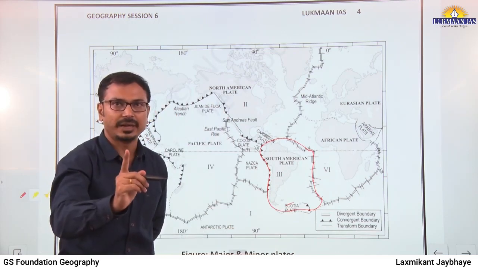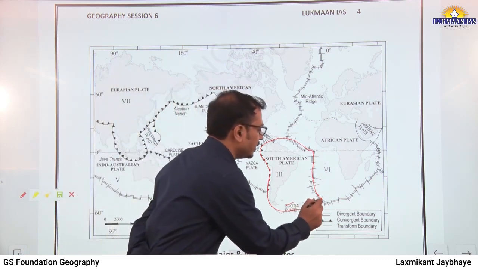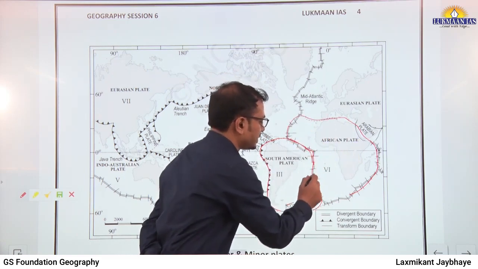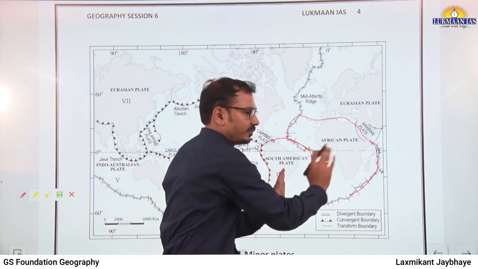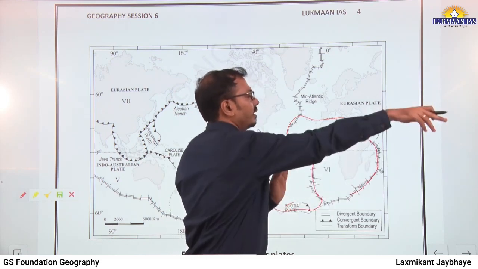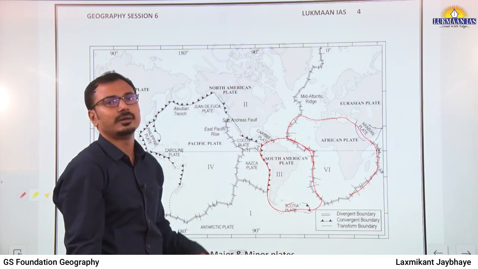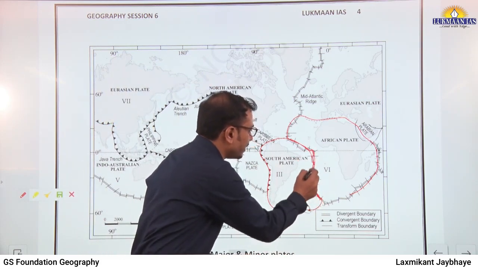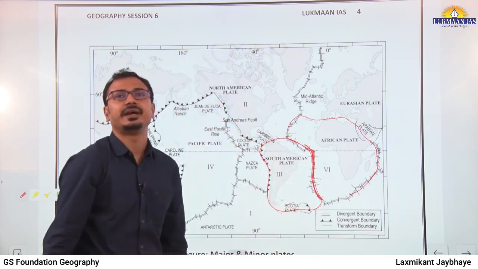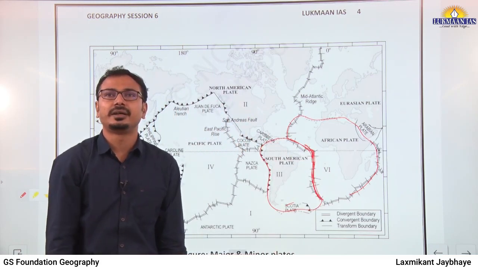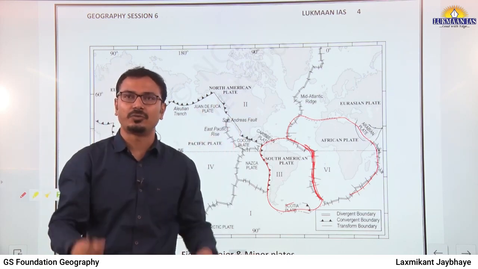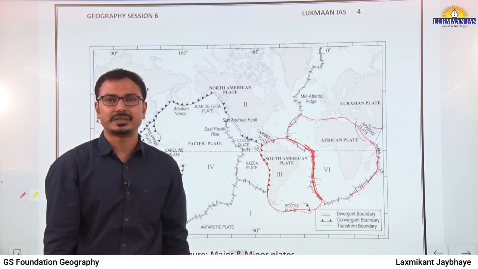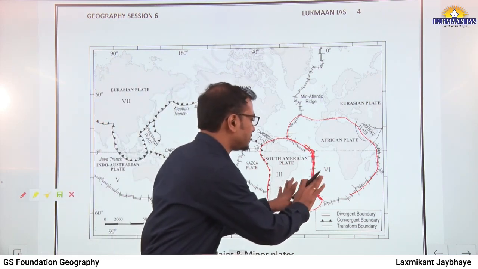Now try to understand that the boundary between these two is a divergent boundary. That means the African plate is moving away from the South American plate, and because of this divergence the mid-Atlantic ridge is created, wherein new crust is being formed continuously, and that's why it is spreading.